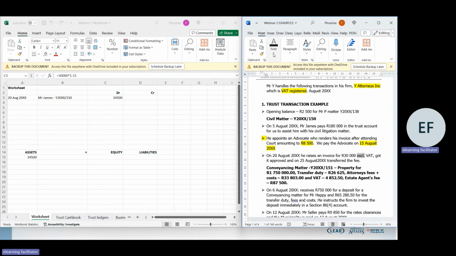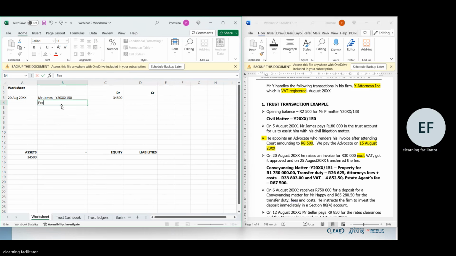So if it's excluding, which means the 30,000, they have not taken VAT into account. So what we're going to say, it's 30 plus VAT. That's what the client owes us, which is an asset, right? And then we are going to credit the double. Now we are doing the double entry system. We've got our fee account and we've got the VAT account.